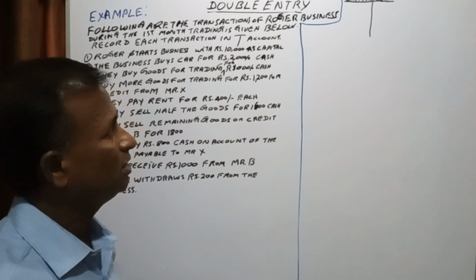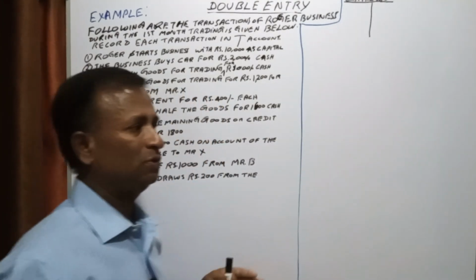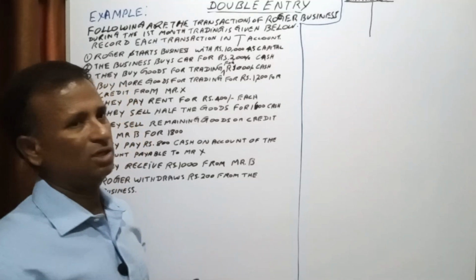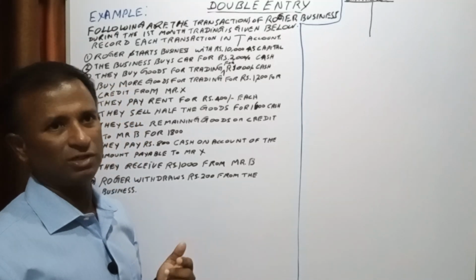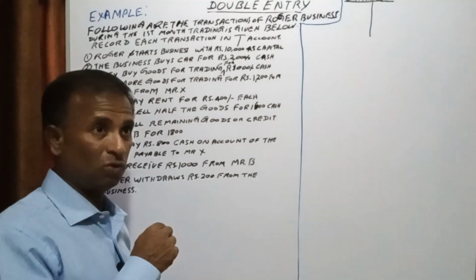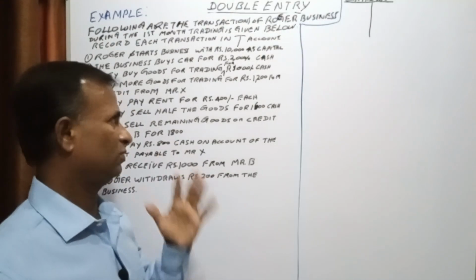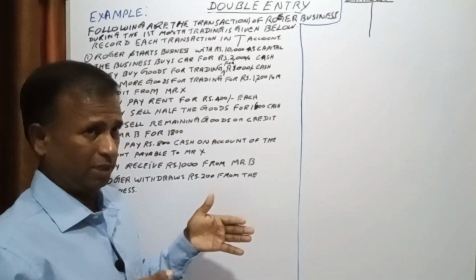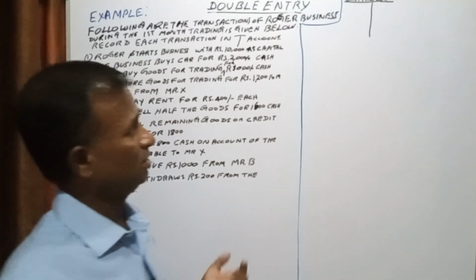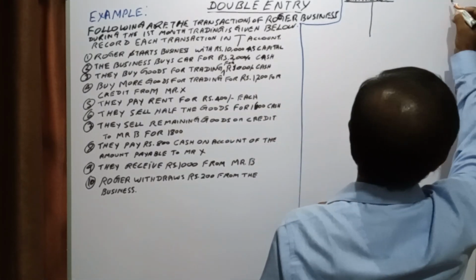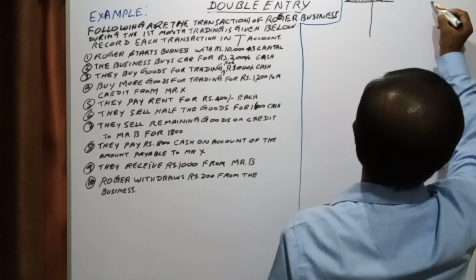So Roger is bringing 10,000 cash into the business. So what are the accounts going to be affected? Cash is coming in, so open a cash account for that. The capital account is also affected because he is bringing the capital to the business. So I have opened the capital account, and I will open the cash account also.